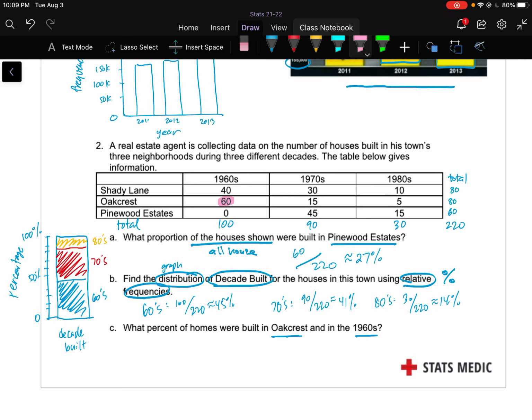There were 60 homes built in that neighborhood during that decade, but we want to know the percent, what percentage of homes, and it's assumed that it's asking what percent of all homes. So we know that there were 220 homes in all, and 60 of them were built in the Oakcrest neighborhood and during the 1960s. And so 60 out of 220 is 27%.